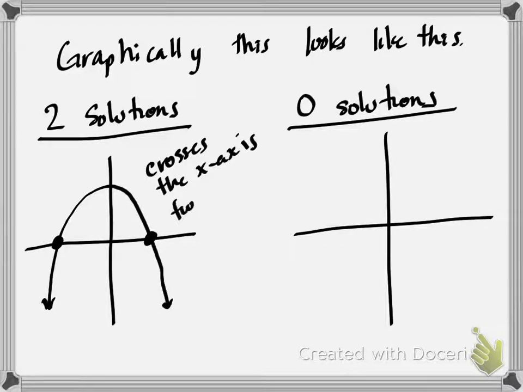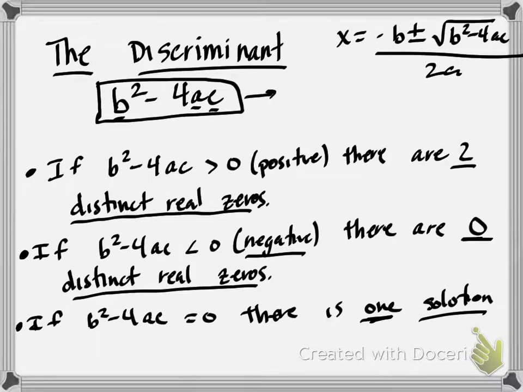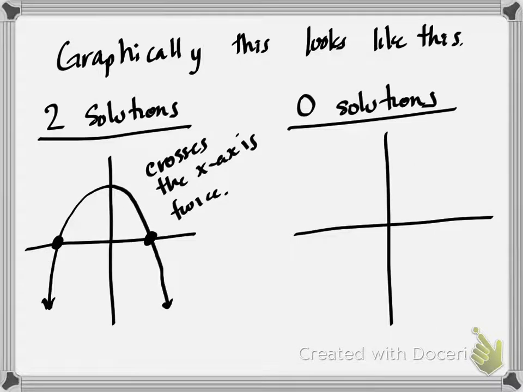Therefore, this has two solutions. If it has two real zeros, then the discriminant must have been positive. There's no other possibility for it.